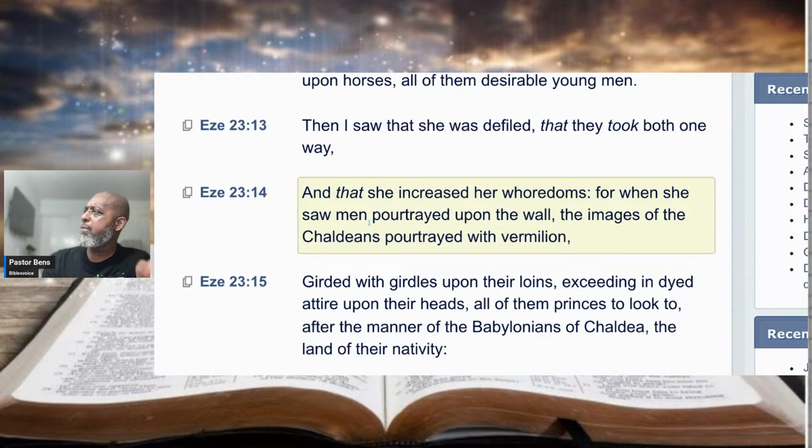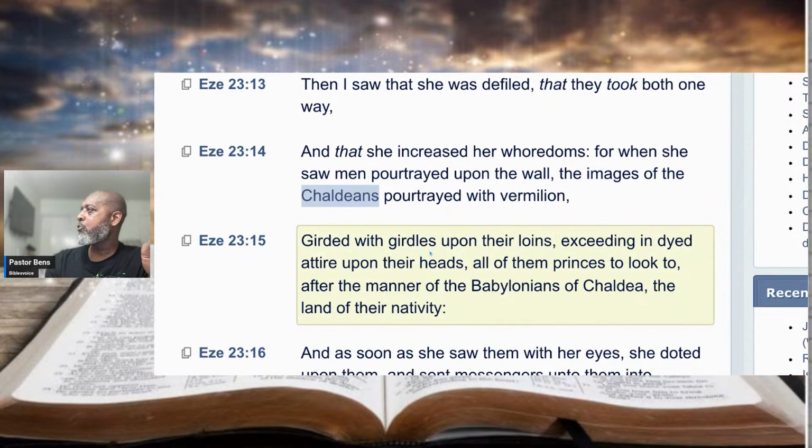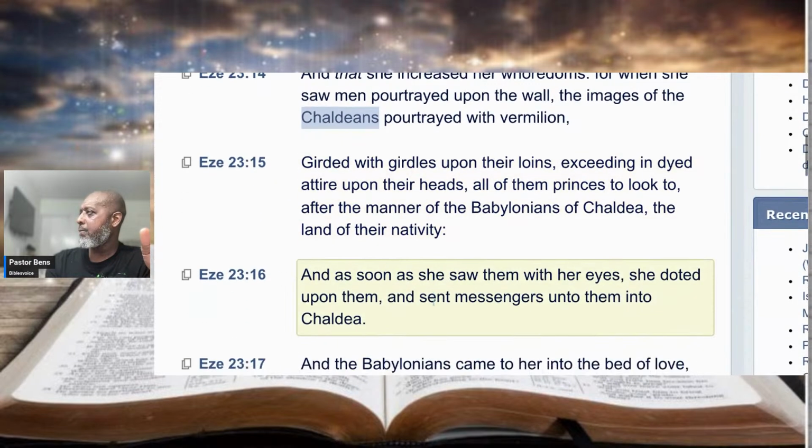For when she saw men portrayed upon the wall, the images of the Chaldeans, remember, these Chaldeans, portrayed with vermilion, girded with girdles upon their loins, exceeding in dyed attire upon their heads, all of them princes to look to, after the manner of the Babylonians of Chaldea, the land of their nativity.